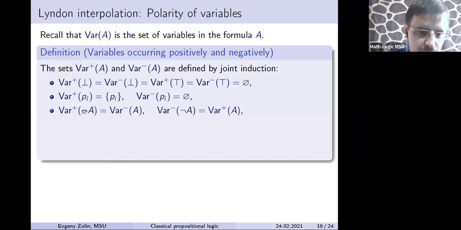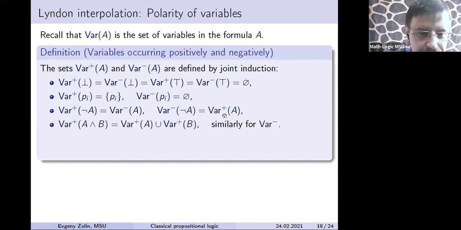So if we put negation, then all positive variables become negative, and all negative become positive. And for conjunction, and similarly for disjunction, positive variables of A are positive variables of the whole formula, and positive variables of B are positive variables of the whole formula. And similarly for negative.